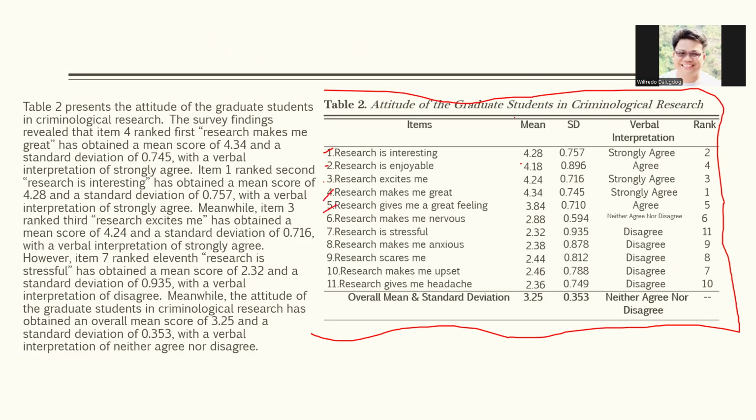These are the mean score, the standard deviation, and the verbal interpretation, and then the rank. What we need to do is present the three highest, one lowest, and the overall or general mean.